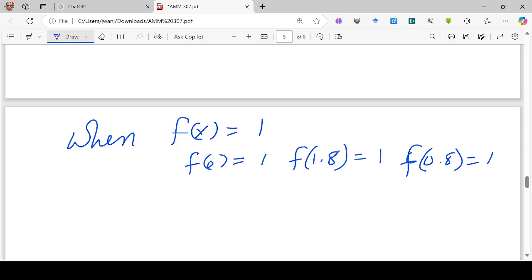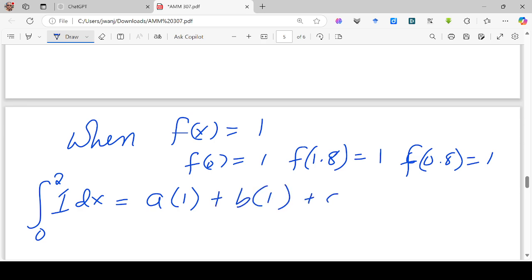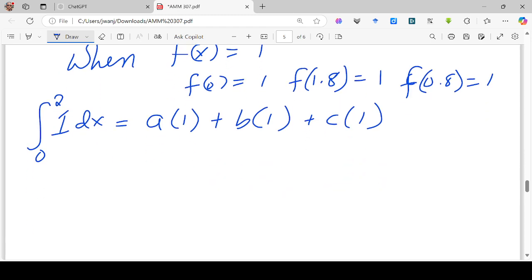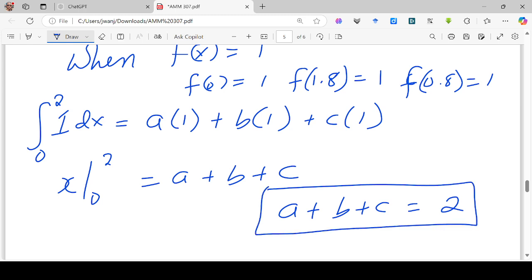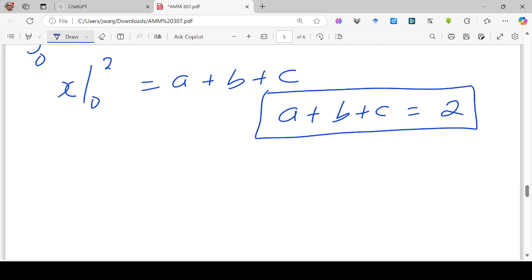So our method can be expressed as integral from 0 to 2 of 1 dx equals a times 1 plus b times 1 plus c times 1. When we integrate, we get x from 0 to 2 equals a plus b plus c, so a plus b plus c equals 2. That's an equation with 3 unknowns.